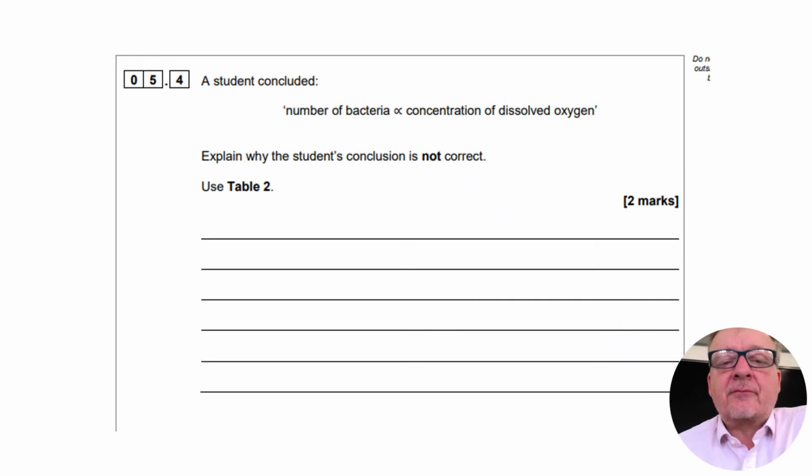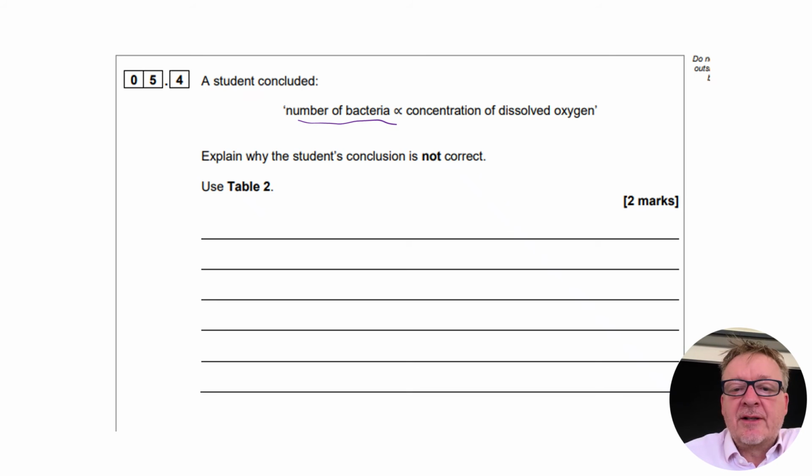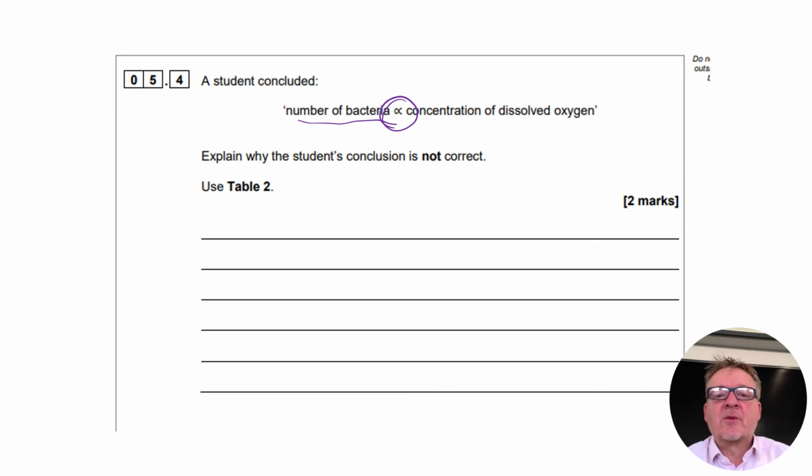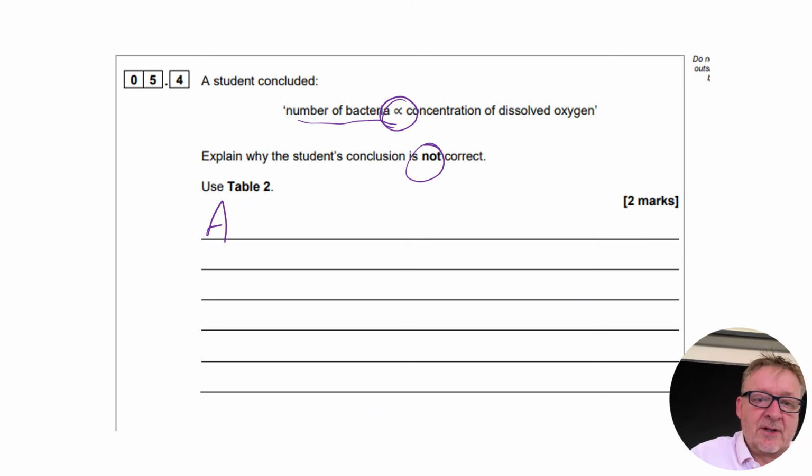A student concluded the number of bacteria is proportional to the concentration of dissolved oxygen. Explain why the student's conclusion is not correct. Right, well basically they're getting it completely wrong, aren't they?